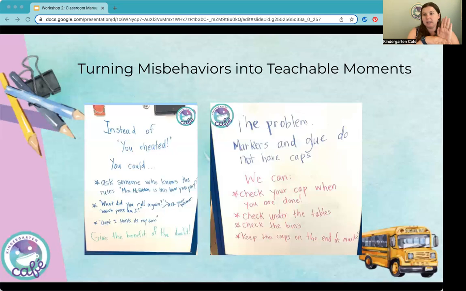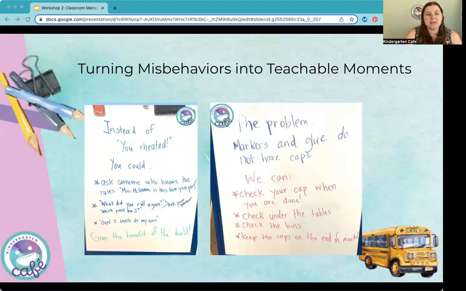Put the ownership on them to really follow through. It's a great chance to not just say you're not doing math stations right, but to all get together and review and set a goal for what we could be doing better. And it's a great reminder of what the expectations are.